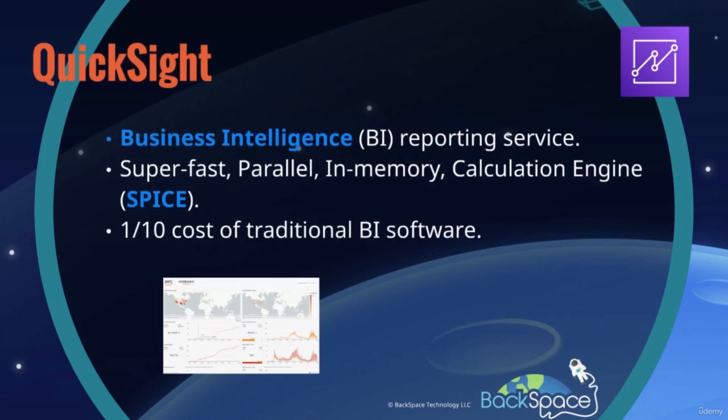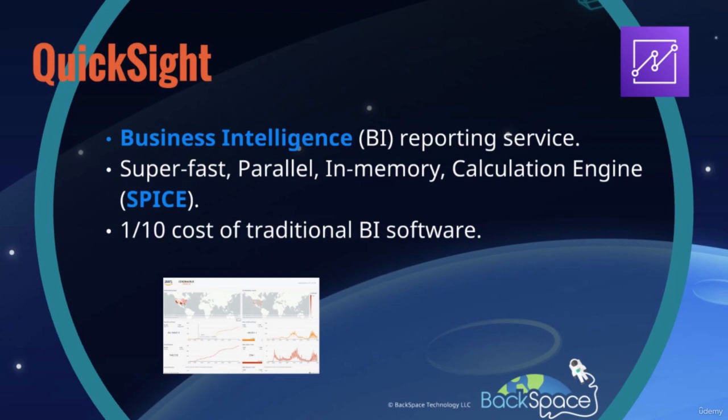Amazon QuickSight is a business intelligence reporting service. It's similar to Tableau, or if you're a Java programmer, you've probably used BIRT, the business intelligence reporting tool. It allows you to visualize your analyzed data. It uses a super fast parallel in-memory calculation engine, or SPICE for short.